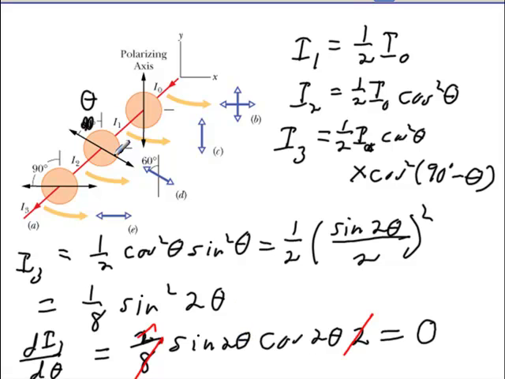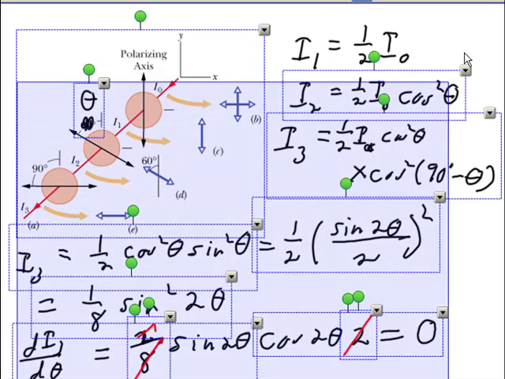That's going to be, 2 theta is 180 degrees, theta is 90 degrees, so that this polarizer will be horizontal. That means that no light gets from the first polarizer through the second polarizer, because it's perpendicular to the first one.